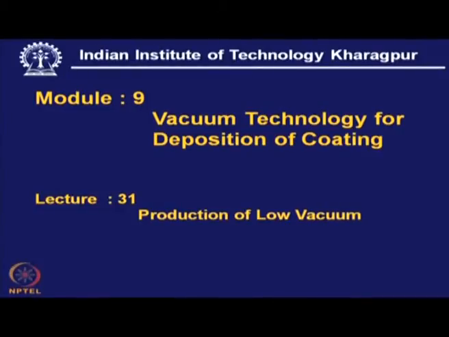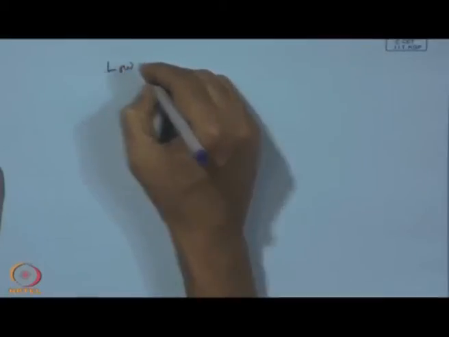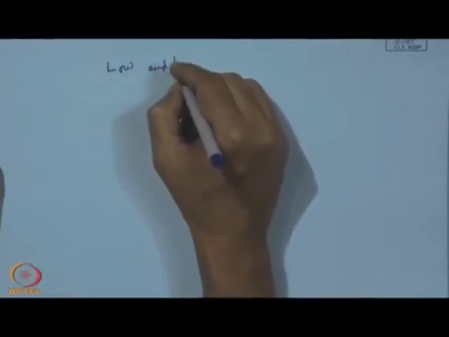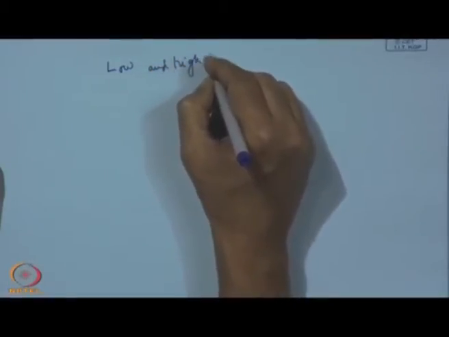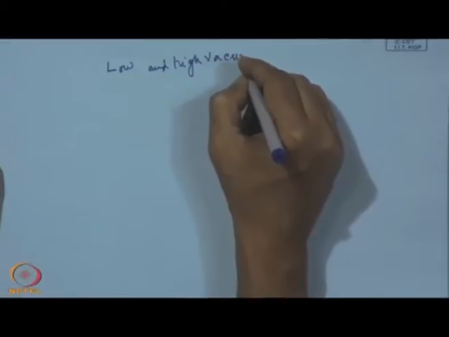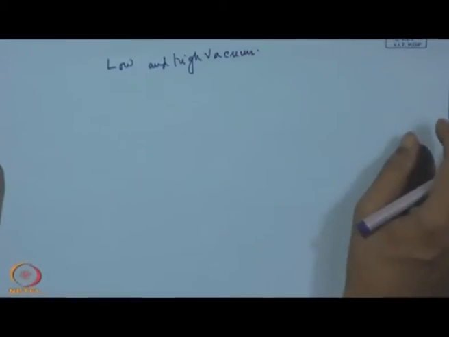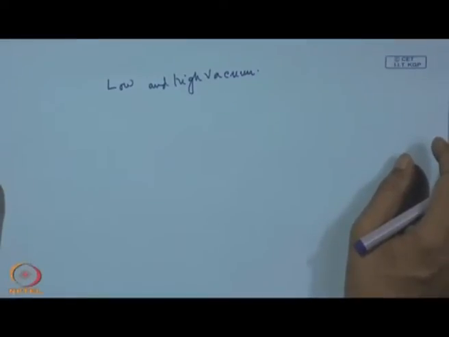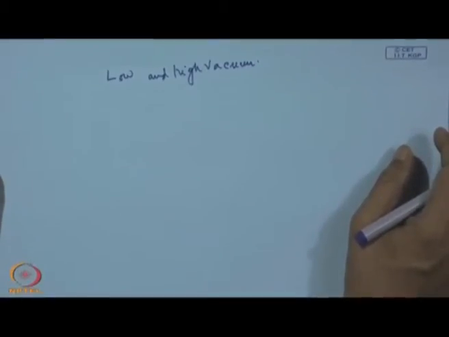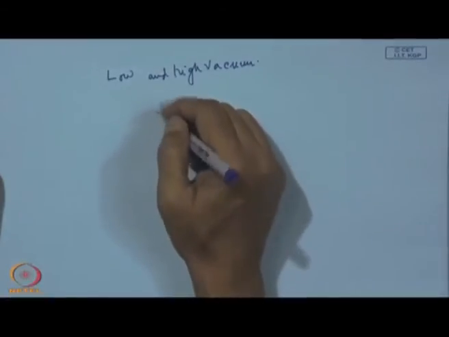Now, here we understand that this is a lecture on production of low vacuum. That means, we can classify low vacuum and high vacuum. The term is very relative, but from the user's point of view, we can make some broad demarcation.